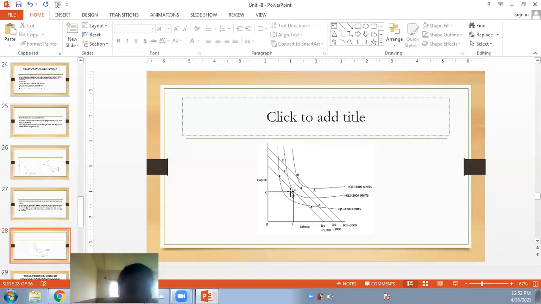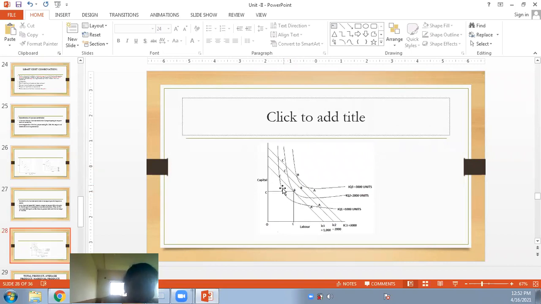where the iso-quant and iso-cost touch each other, that is the least cost combination of output, the point where the iso-cost line becomes a tangent to the iso-quant.